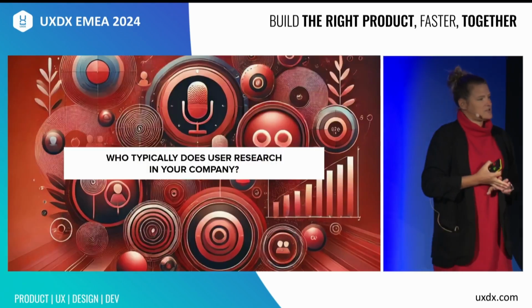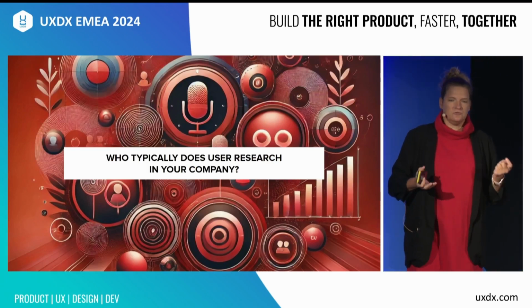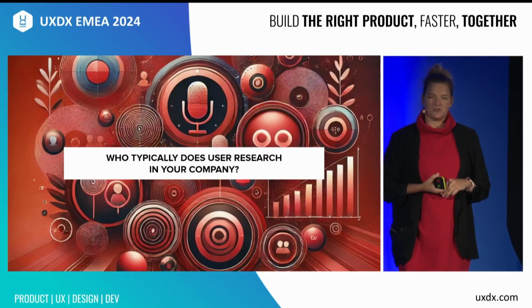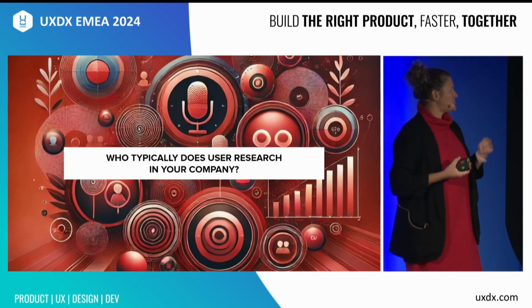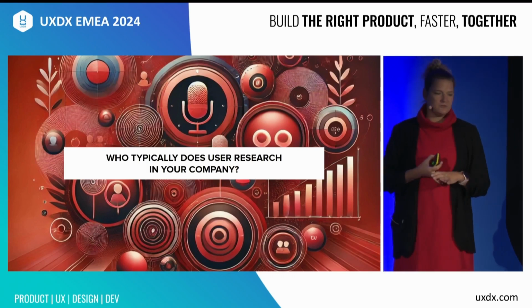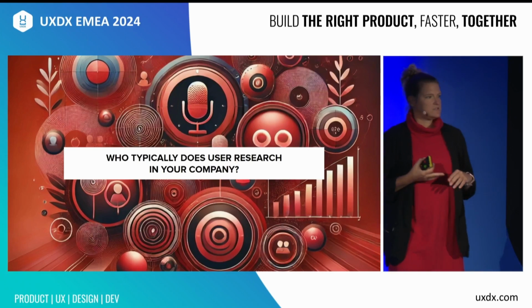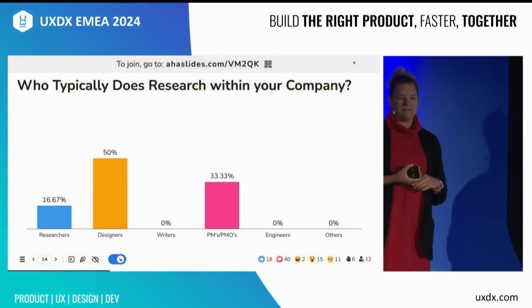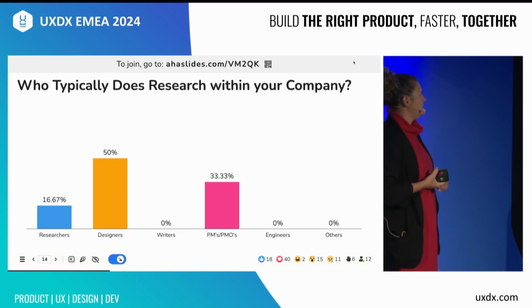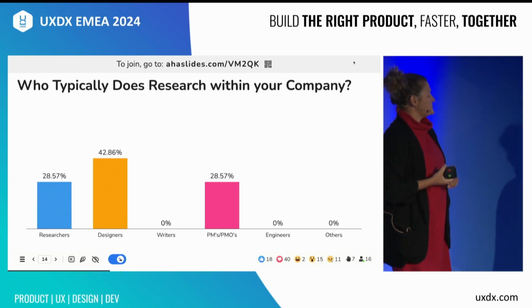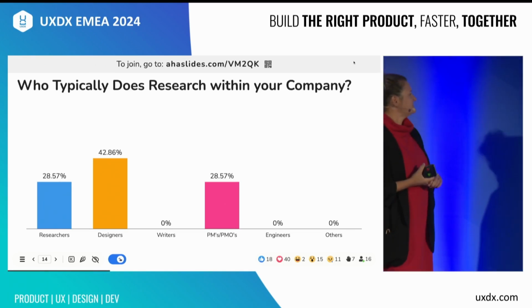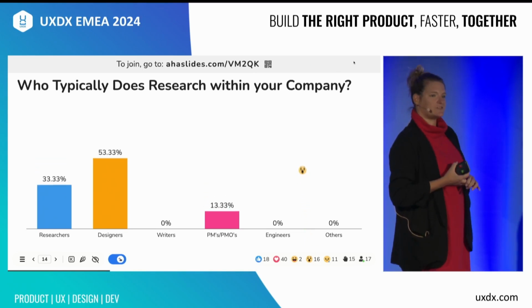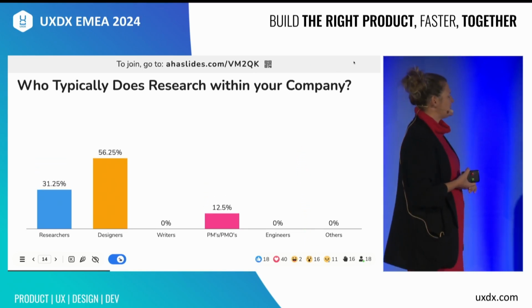So the first question is a poll that I would like you to take part in online. Who typically does user research in your company? So just go back into the polling tool. And if we could see the results here as well, that would be fantastic. Who typically does user research in your company? OK, so we can see the results coming in. That's actually amazing. We can see a few lucky ones who have researchers in their companies, in their teams.